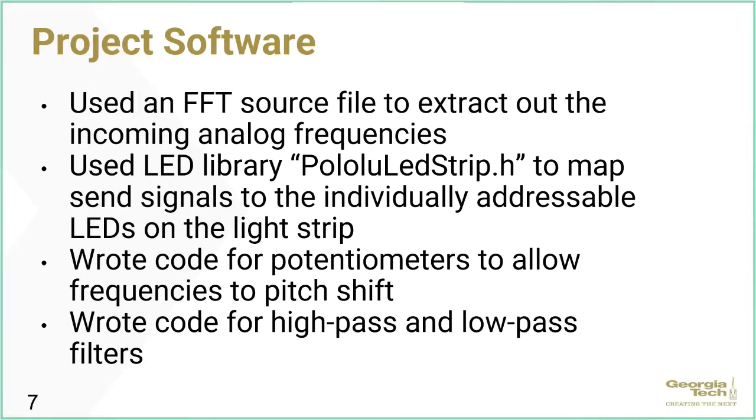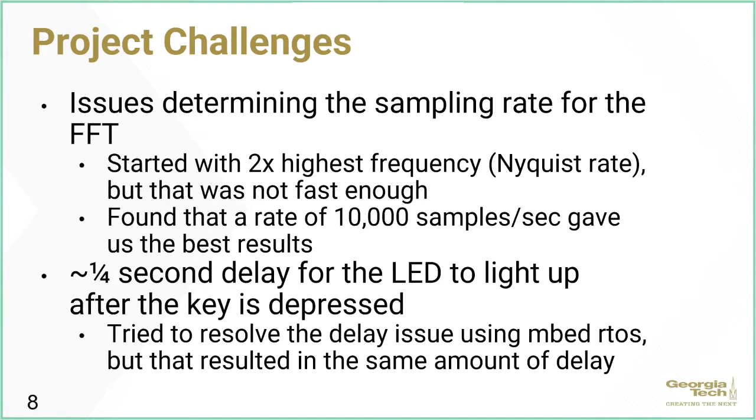Moving on, the big challenge that we faced while doing this project was determining what sample rate we should use for the fast Fourier transform. We started with 2 times the highest frequency possible, so we chose the max frequency that we want to play and doubled it so that we can get the Nyquist rate that we needed.